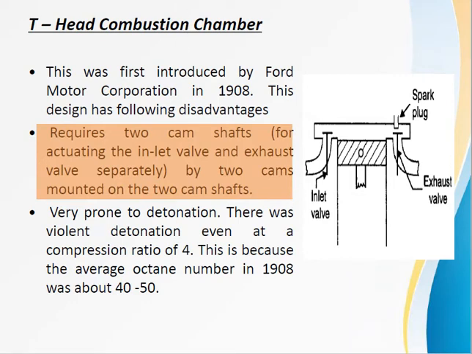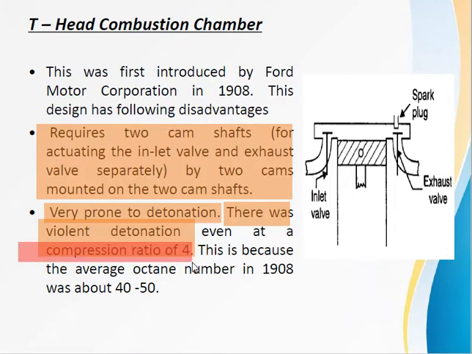Now the next disadvantage is it is prone to detonation, and this detonation happens because the compression ratio is less. Actually, the compression ratio implemented in this engine is less, but that is not the reason for detonation. The reason for detonation is the very poor quality of fuel available.